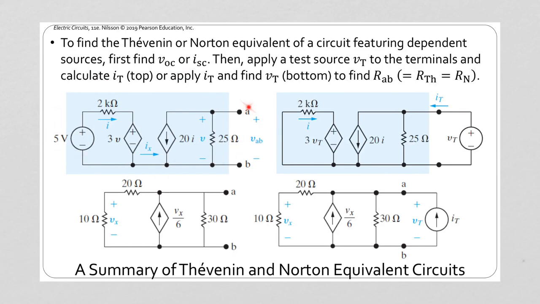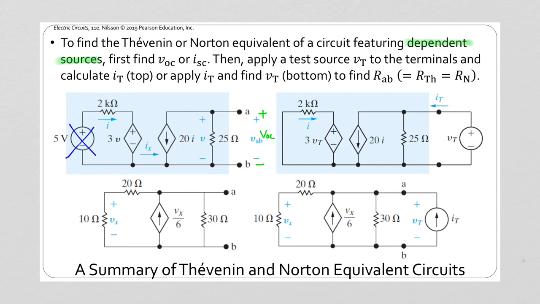If you have a circuit that contains dependent sources in it, then you want to first find the open circuit voltage or the short circuit current, depending on whether you're looking for a Thévenin or a Norton equivalent circuit. In this case, if we're looking for a Thévenin equivalent circuit, we would find the open circuit voltage. Then we would deactivate all of the sources.